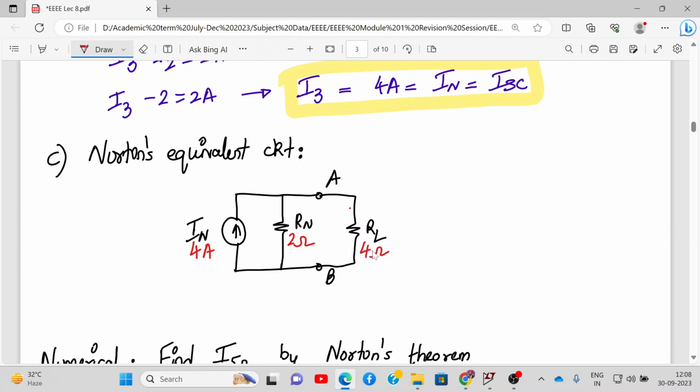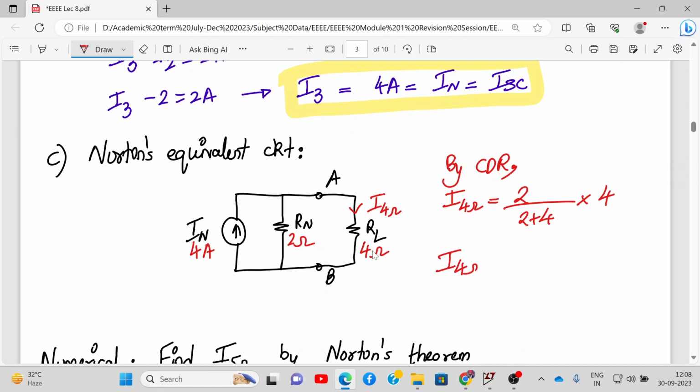Alright, and we want the current flowing through RL. So by the current division rule, I of 4 ohms is equal to the other resistance, that will be 2 ohm divided by 2 plus 4, into 4. Alright, so the current flowing through the 4 ohm resistance will be coming out to be 4 by 3 amperes.